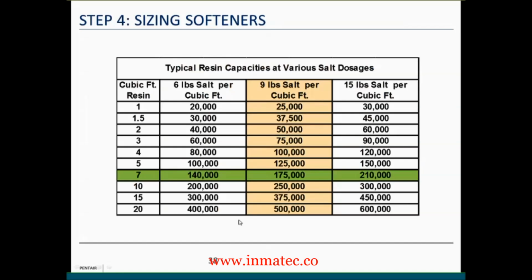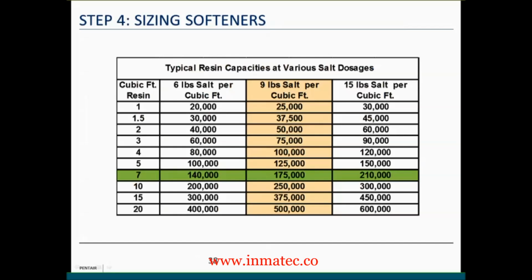So we take that grain amount, minimum size, we would need a 7 cubic foot softener to handle that much water at a 9-pound regeneration. 9-pound regenerations are the most efficient salt usage level for capacity and minimizing salt use.